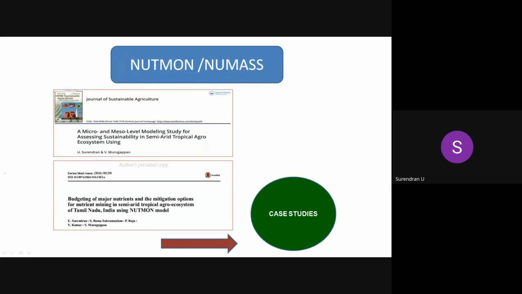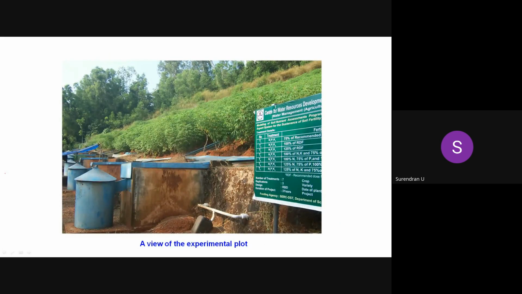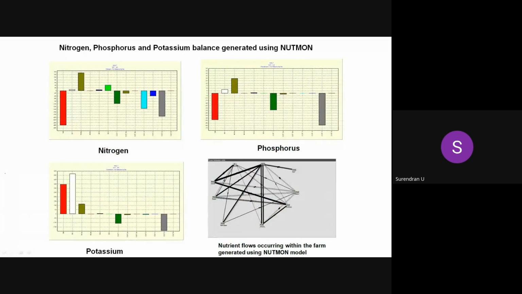So with respect to nutrient management or nutrient budgeting, this is the software we were using, the NUTMON model. This is a very old study, like 2007, 2010. This is also calibrated and validated for different sets of conditions. So this will give you a picture like this of how it is going, within the farm, how the nutrient is flowing from one field to another field.